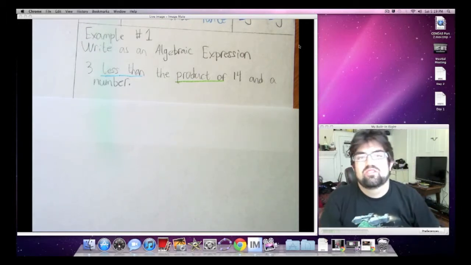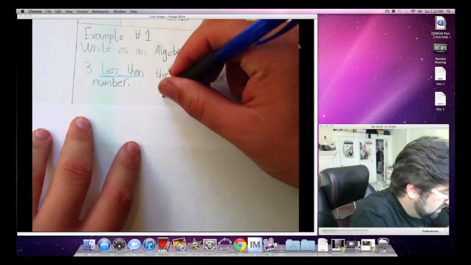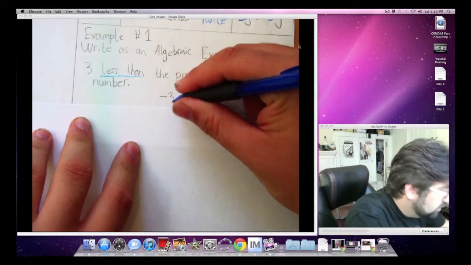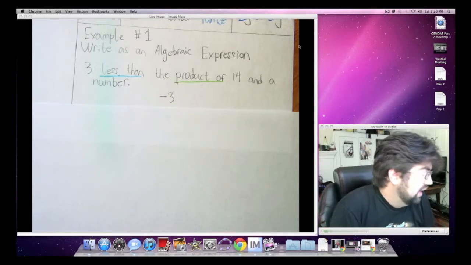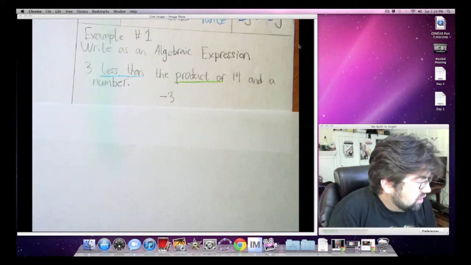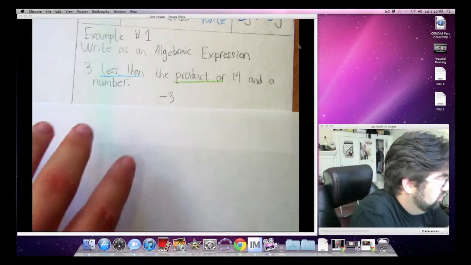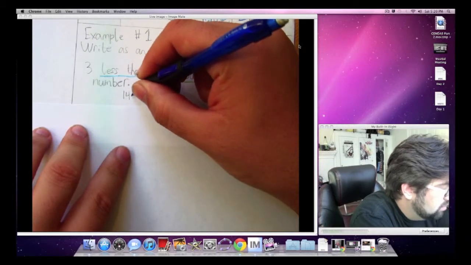There's a lot of different ways of writing these. So I'm going to have my subtraction, 3 less. I'm taking 3 away from the product of 14 and a number. So I've got 14 times some number.